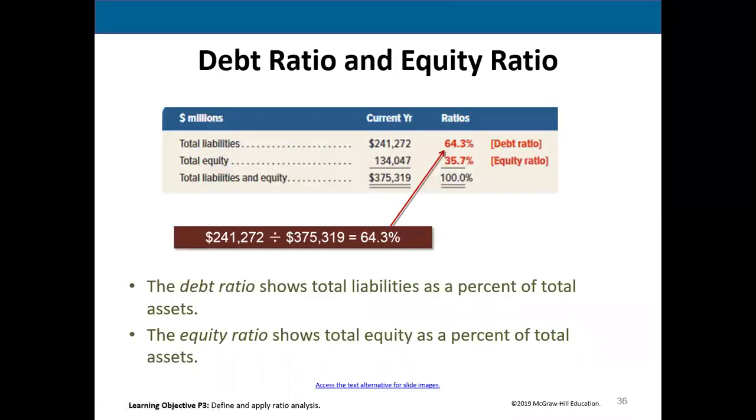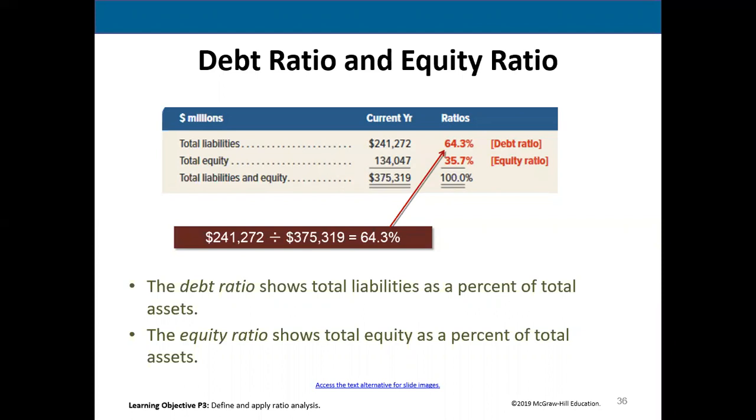Now, the debt ratio was already calculated in our vertical analysis, as well as the equity ratio. So the debt ratio shows total liabilities as a percent of total assets. So that is the formula: total liabilities over total assets.